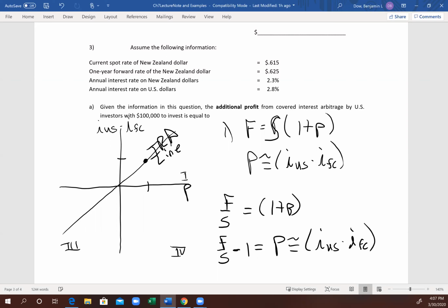If you have any point that falls in this area, which is below the line, then below the line means that US investors can use covered interest arbitrage.